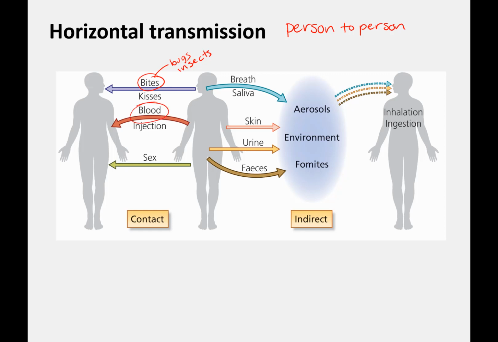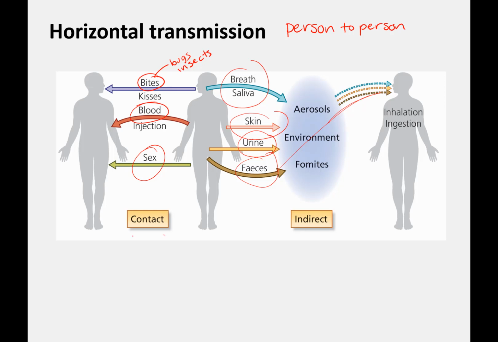Lots of viruses can pass through blood, whether it's sharing a needle or contaminated blood that gets into a microabrasion of another person. We know about sexually transmitted viruses. Skin to skin, some viruses are transmitted in the urine. Feces is what I'm talking about, the fecal-oral route. Breath, saliva, again.